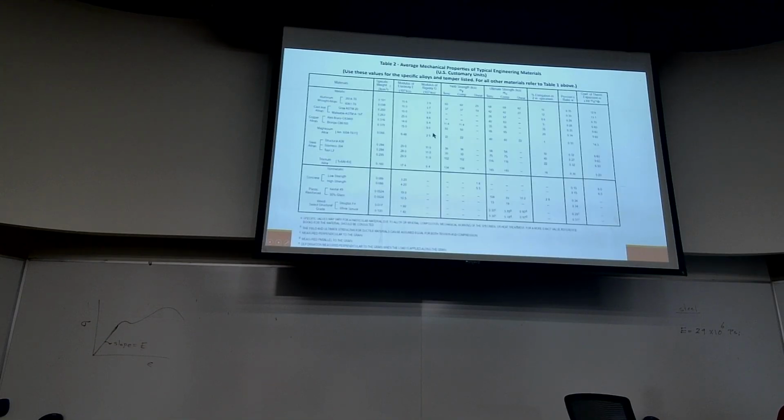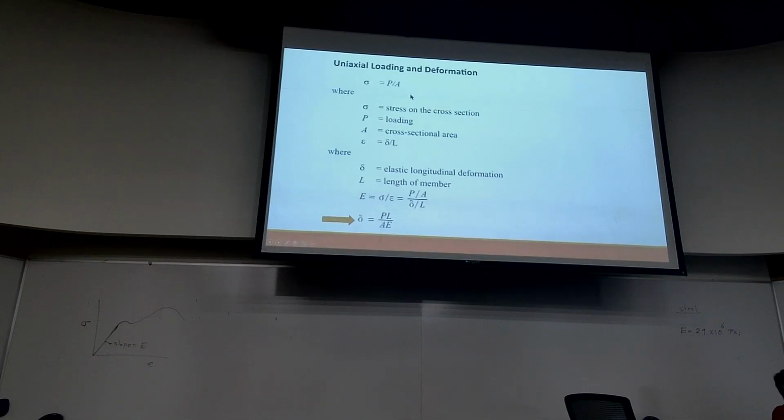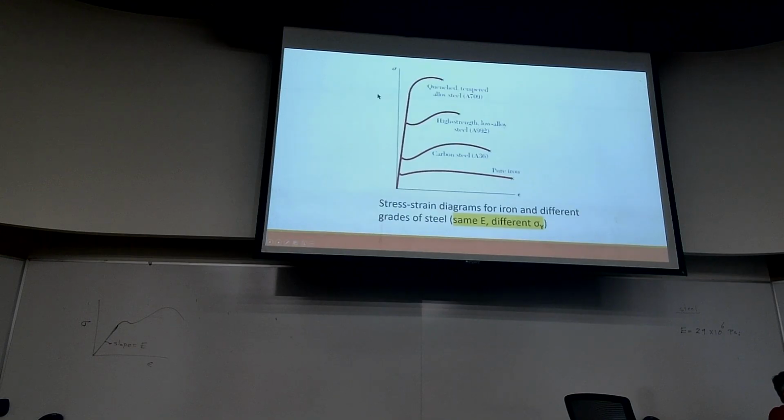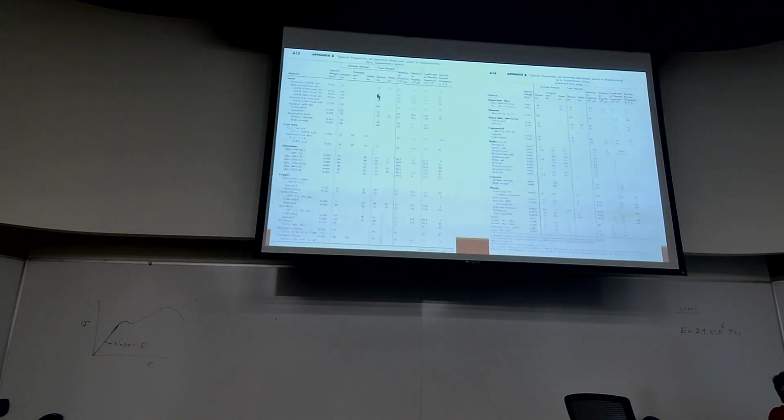And this is yet another table for various alloys, concrete, plastics, and all of those things. So we have modulus of elasticity listed here in thousands of KSI, which means millions of PSI. Sigma is P over A. We saw that last time and also today.